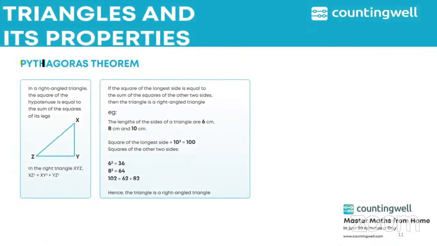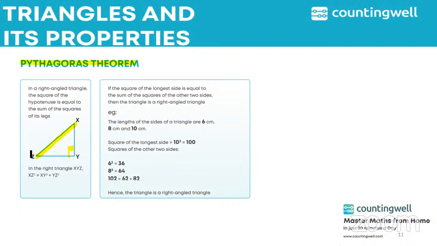Let us see what is the Pythagoras theorem. In a right angle triangle, the Pythagoras theorem states that the square of the hypotenuse is equal to the sum of the squares of its legs. So in the right angle triangle XYZ with right angle at angle Y, YZ and XY are the legs, whereas XZ is the hypotenuse.